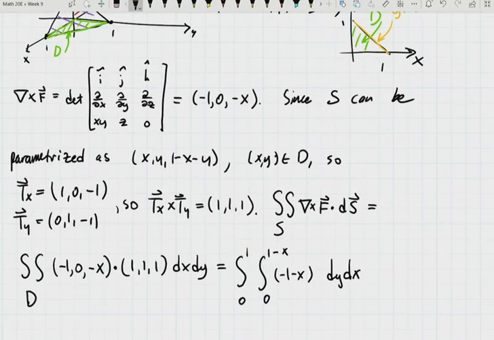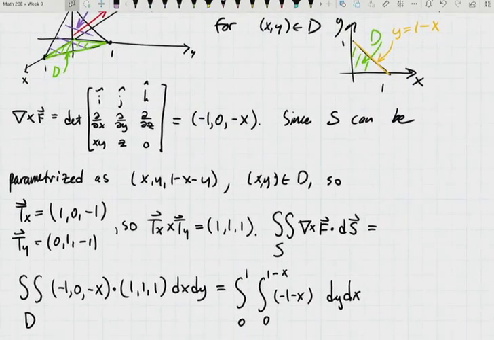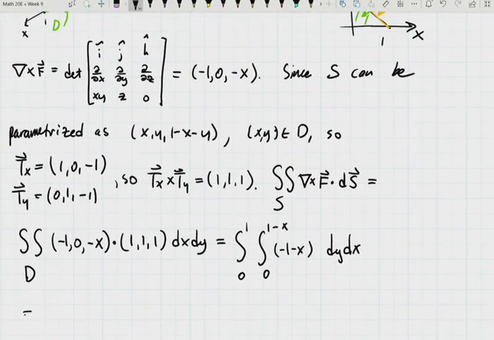So at this point, the surface integral is pretty straightforward. Please let me know if anyone has any questions on this up to here. Okay, so that's 0 to 1.